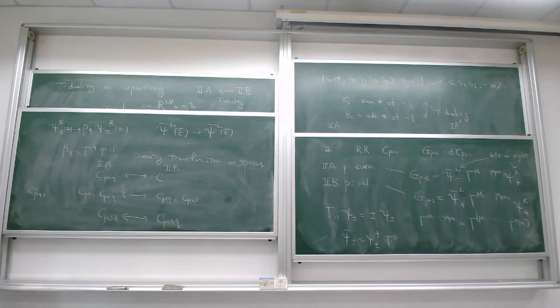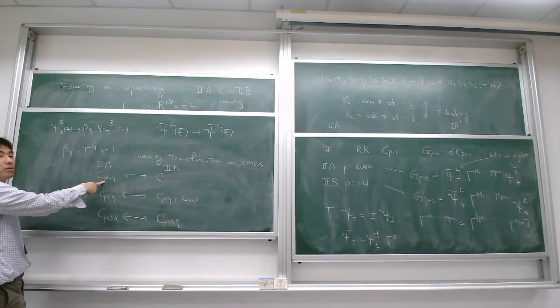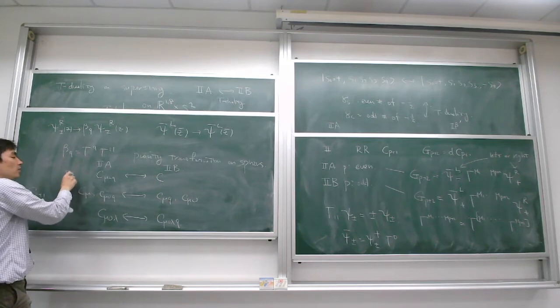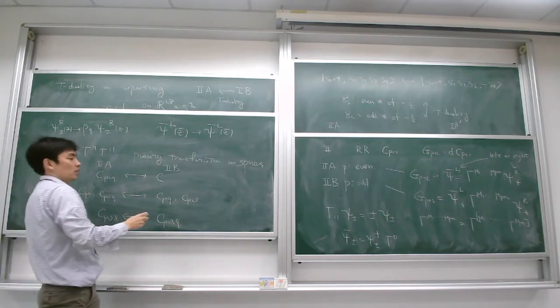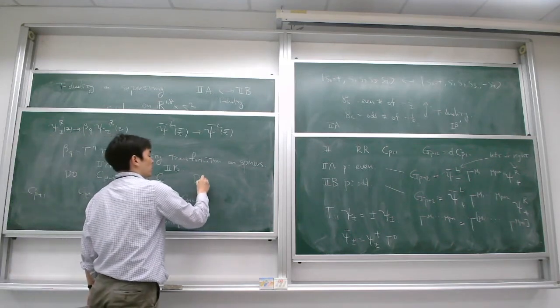So therefore, this means that the C_mu is indeed coupled to the D0 brane. Okay? Coupled to the D0 brane. So this D0, along the ninth direction, becomes a D minus 1 brane.